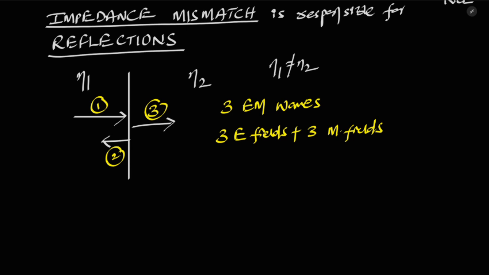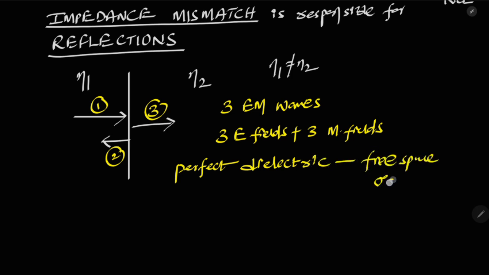For that purpose, I'm assuming perfect dielectrics, just for easy analysis. An example of a perfect dielectric is free space. In free space, sigma is equal to 0, which leads to the attenuation constant alpha equal to 0.